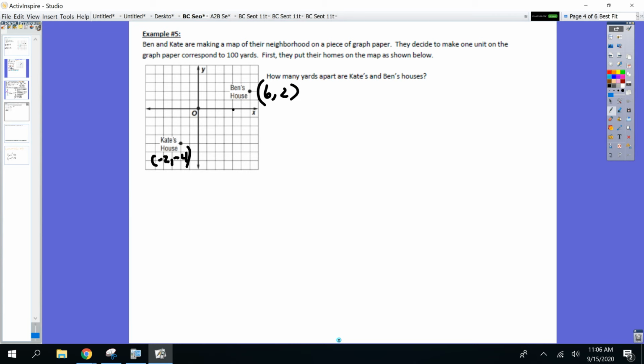As you guys are working, you should end up with an answer of 1,000 yards apart. But keep going. Don't you just dare write down 1,000 yards here. You still got 2 minutes here.